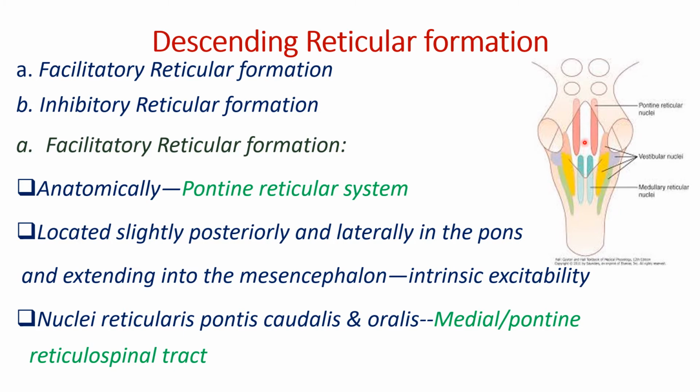The fibers from this pontine reticular formation, or what we call the facilitatory reticular formation, send fibers down in what we call the medial or pontine reticulospinal tract. Mainly the nuclei of the pons, the nuclei reticularis pontis caudalis and oralis, form this, and from here the fibers descend into the spinal cord as the medial or pontine reticulospinal tract.